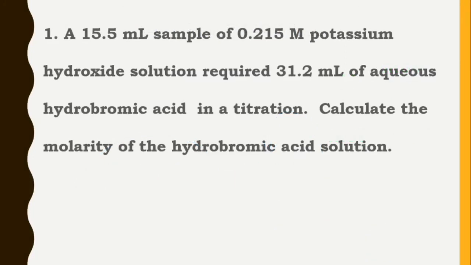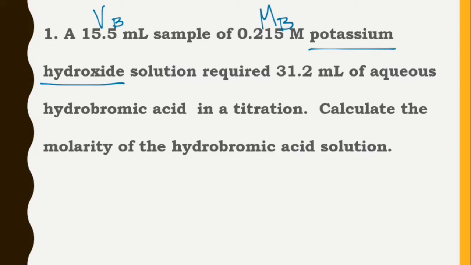It says that a 15.5 milliliter sample of a 0.215 molar potassium hydroxide solution. So pause. As soon as I saw that was potassium hydroxide, that's our base. And I already had two numbers given to me. This is my volume of my base, and this is the molarity of my base. So I am 2/3 of the way there.